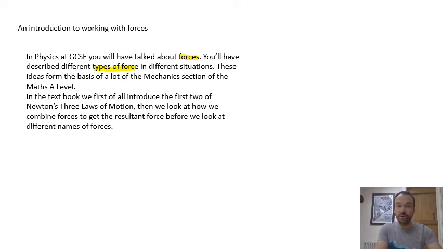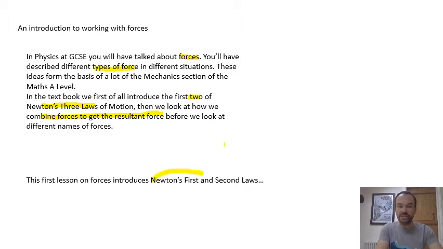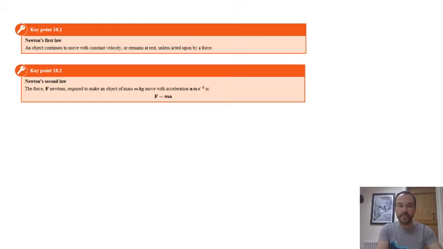So first of all, we're going to introduce just two of Newton's three laws of motion, and we'll introduce the third one later on. In the second lesson this week, we'll look at combining forces to get a resultant force. So this first lesson introduces Newton's first and second laws.